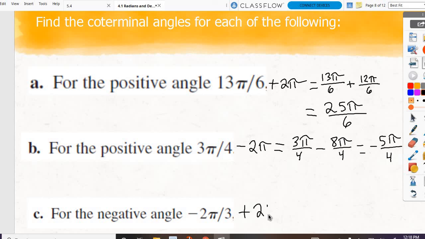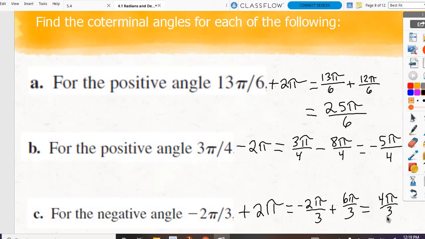And then on our last one, if I wanted to add 2 pi, I would get 6 pi over 3, which gives us 2 pi, or pi. Does it matter if we subtract or add?